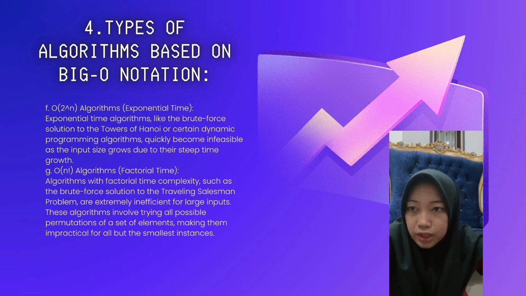Algorithms with factorial time complexity, such as the brute force solution to the traveling salesman problem, are extremely inefficient for large inputs. These algorithms involve trying all possible permutations of a set of elements, making them impractical for all but small instances.